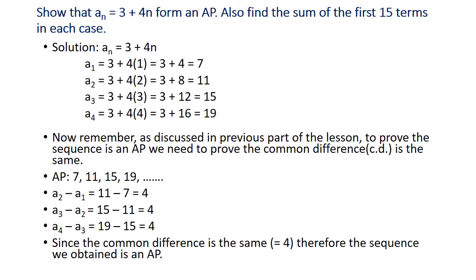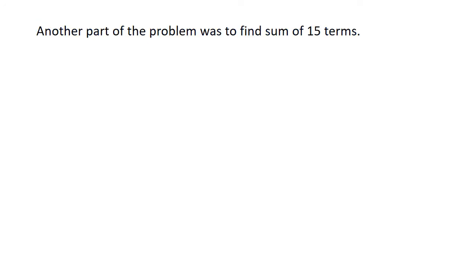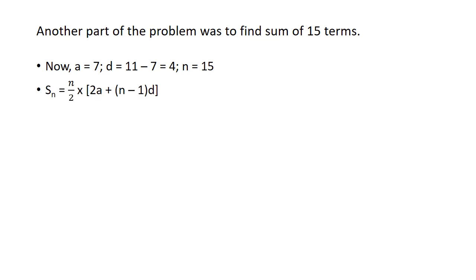Now the second part of the question, we have to find the sum of the first 15 terms. Correct? So we know A is equal to 7, D is equal to A2 minus A1, 11 minus 7, that is equal to 4, and N is equal to 15. We'll write down the formula, substitute the values, and then go about our business.